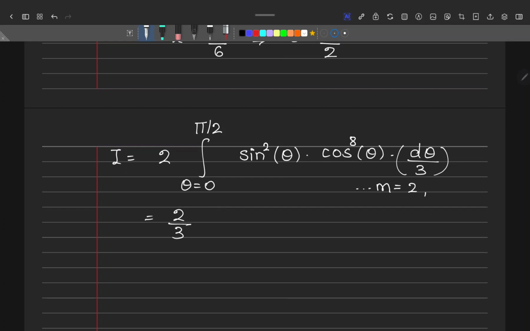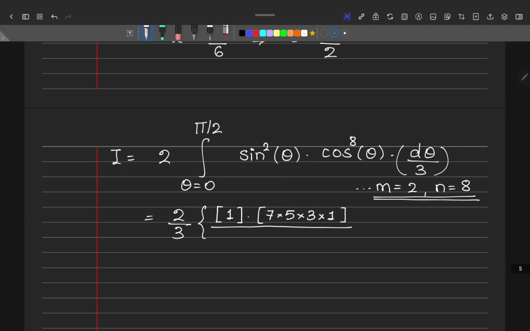Value of m is equal to 2, value of n is equal to 8. So what we do, we apply the reduction formula as m and n both are even numbers. So we start with m minus 1, which is 1, then n minus 1, which is 7. 7 is an odd number, so we take the product of all odd numbers from 1 to 7.